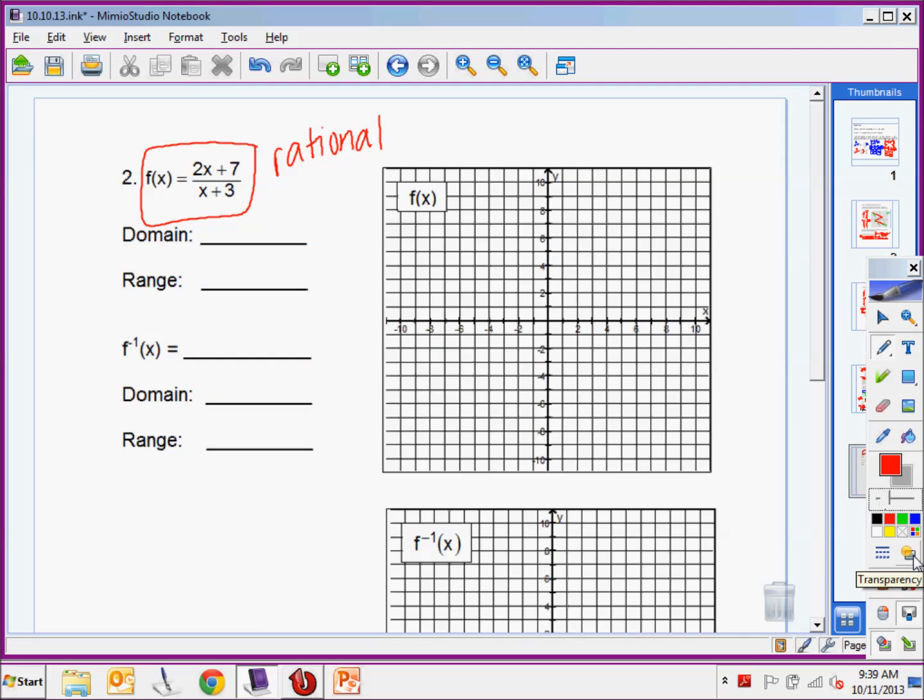So we're going to draw in a vertical asymptote at -3, and a horizontal asymptote at 2.